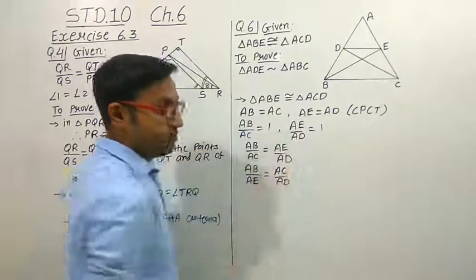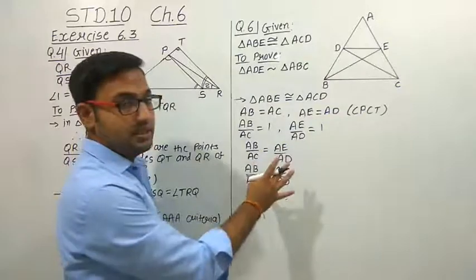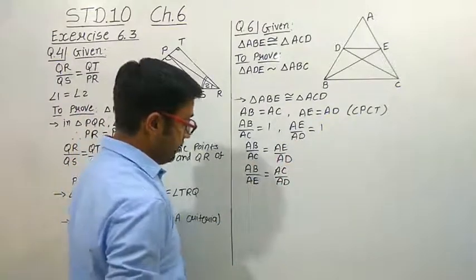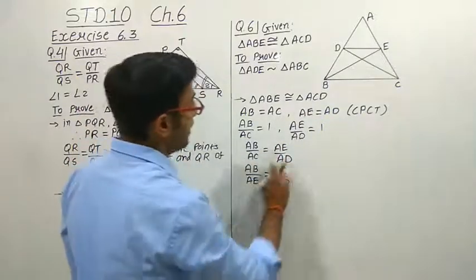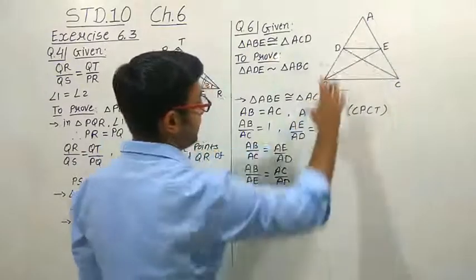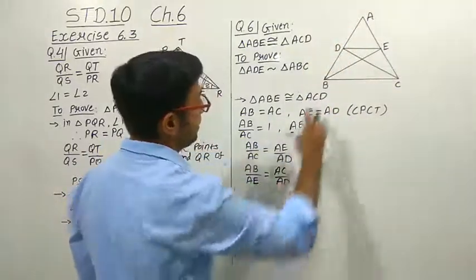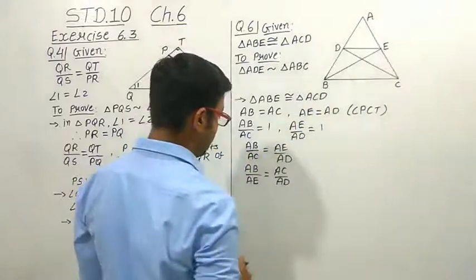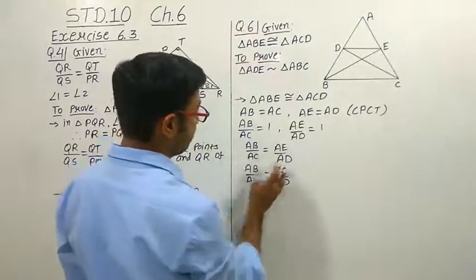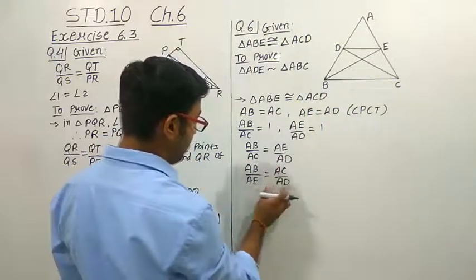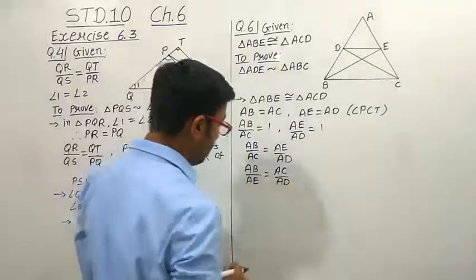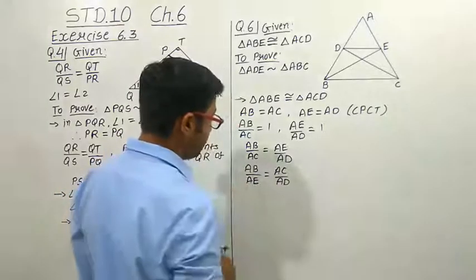Or we can do this method also, which will be easy for you to understand. AB is the smaller side, and what we require here is AD in the denominator instead of AE.